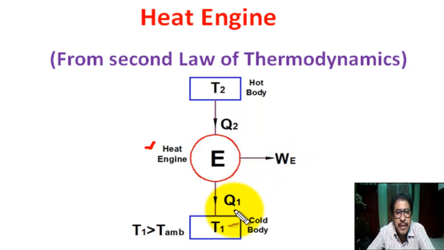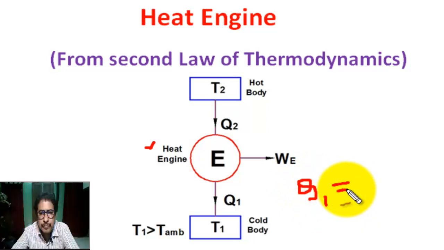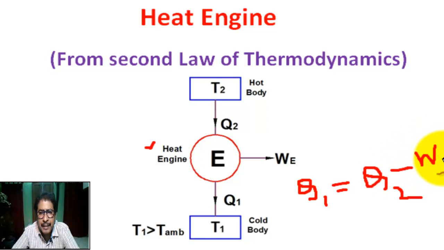Then Q1 amount of heat rejected to the sink. Q1 amount of heat rejected to the cold body. Q1 equal to Q2 minus WE.